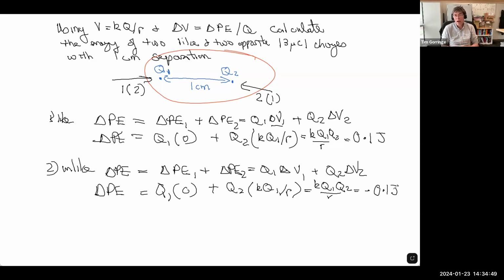example of nature's natural trend, which is to release potential energy, give up potential energy, turn it into kinetic energy. When you've got two positive charges sitting next to one another, they want to release their potential energy by flying apart.